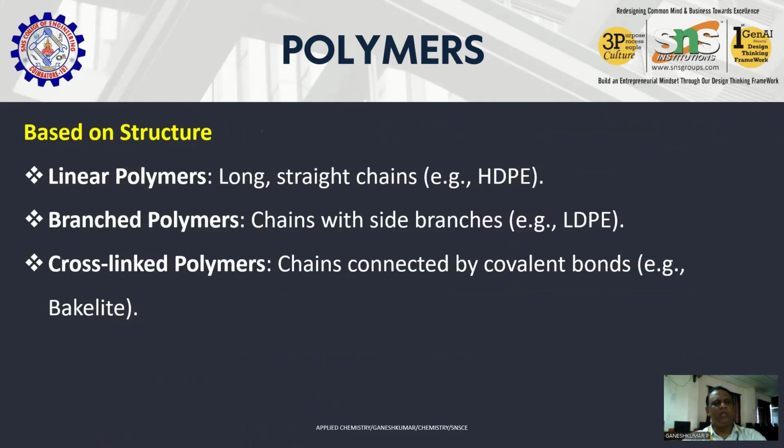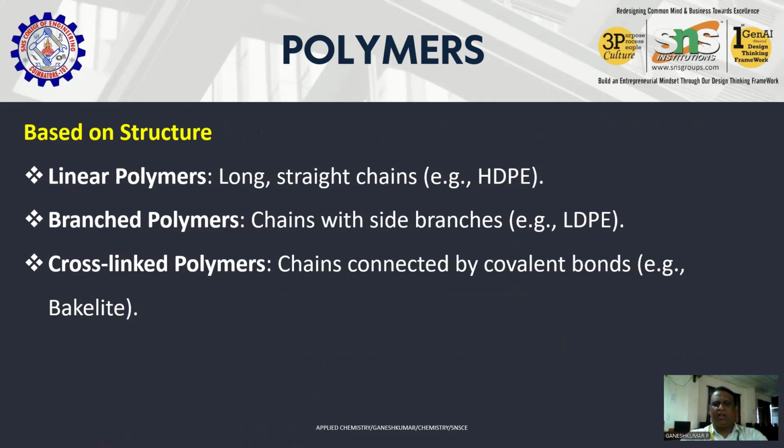The next one is based on structure. If the polymeric chain formed has a long straight chain structure, we call it a linear polymer. An example is HDPE, high density polyethylene. Branched polymers have chains with interlinkages, a branched structure.